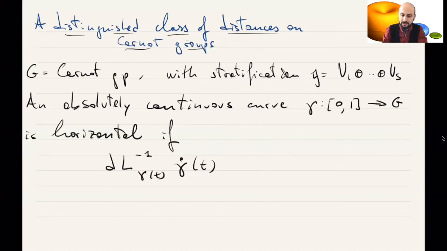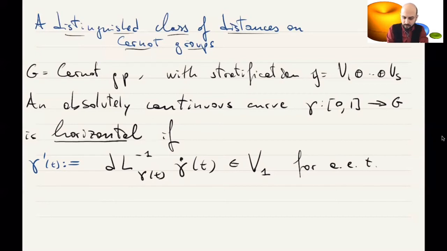So now this is a vector at the identity. Let's denote this vector gamma prime. So I will use gamma prime for the vector brought back at the identity. It is horizontal if this vector belongs not just to the tangent space at the identity, but to the subspace V1, for almost every t. All right. So this is the definition of horizontal.